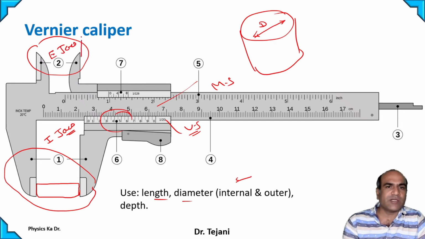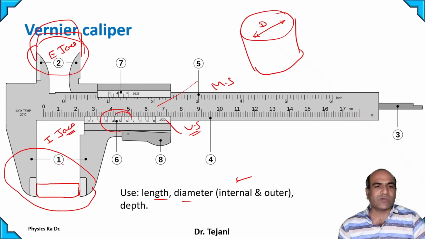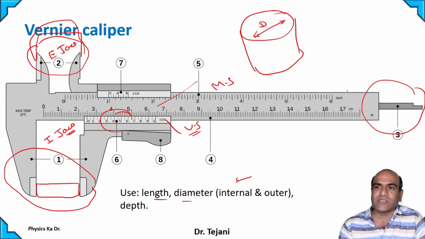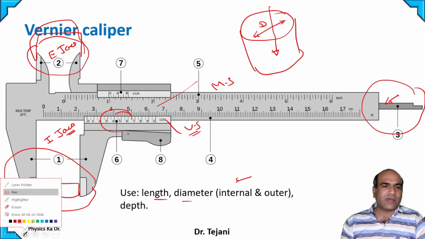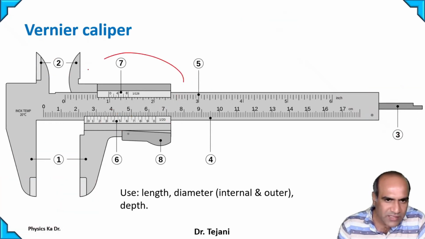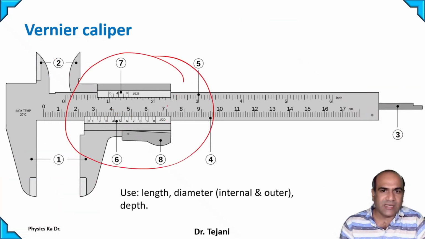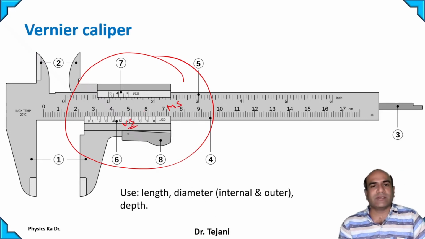And this is the depth rod. If we want to measure the depth of this glass, we just put this rod in, and the dimension will be visible. Our major focus here is only on the main scale and Vernier scale, which is the main part. Let's see.